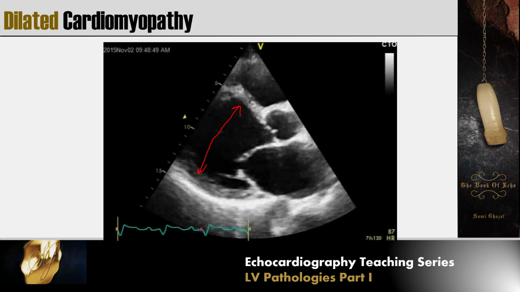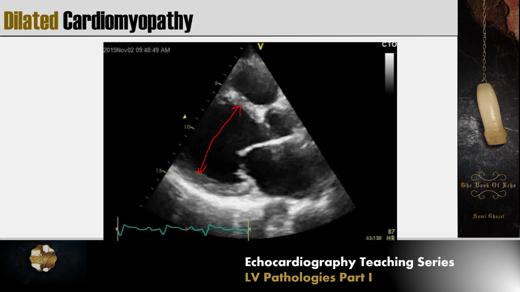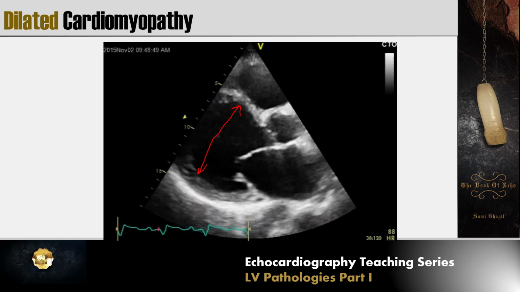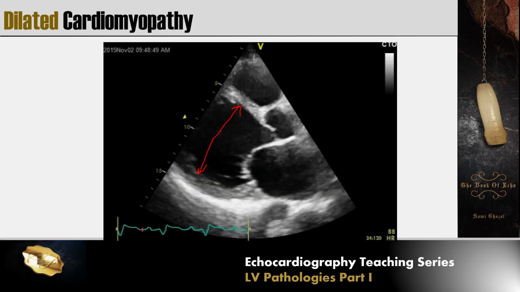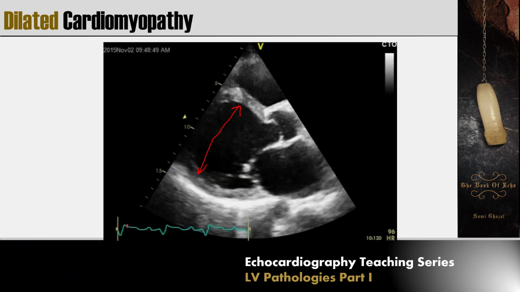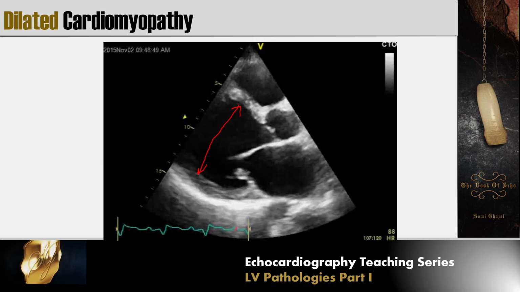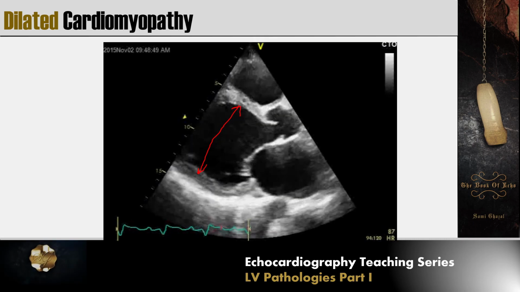Also, typically, dilated cardiomyopathy has a global hypokinesis that also ranges from mild to severe. However, regional variation can occur, and the typical pattern will be preservation of the function of the basal, inferior, and infralateral wall.